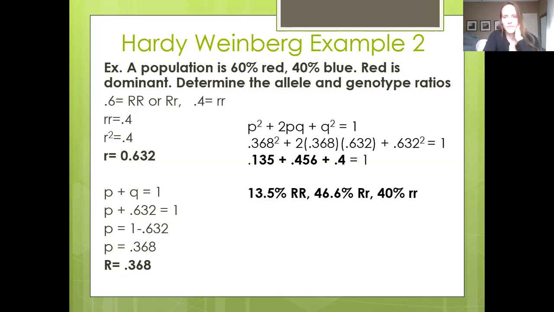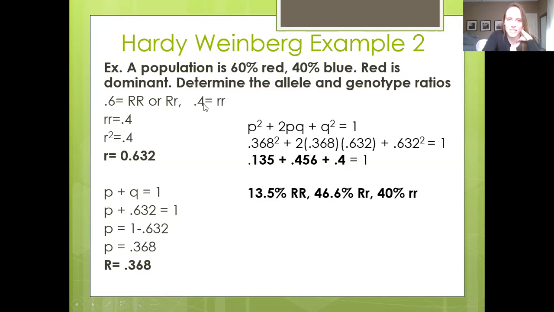So the starting point anytime you have phenotype ratios is always identify your recessive phenotype, because the recessive phenotype ratio is equal to the recessive genotype ratio, homozygous recessive genotype. So that's what's happening over here.